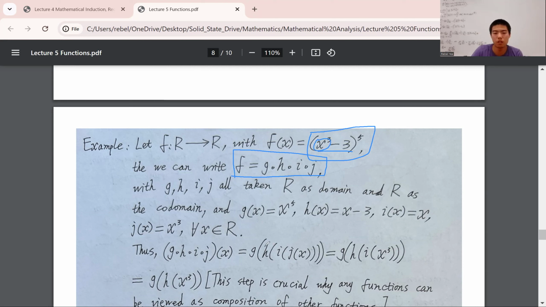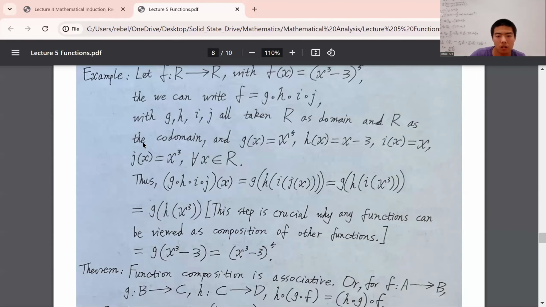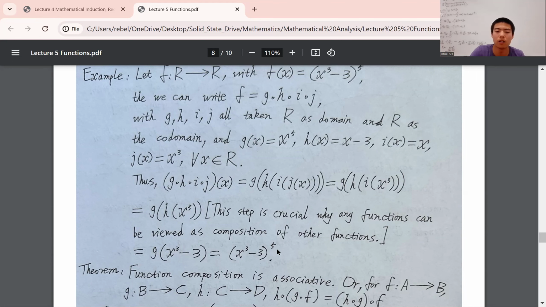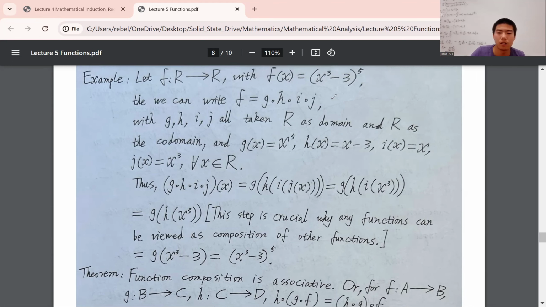So we combine them together gradually. First we apply j, which is x to the power 3, and the identity function doesn't change anything. Then h gives minus 3, and then to the power of 5, which is exactly the same as f. So in this case, we have solved it successfully.